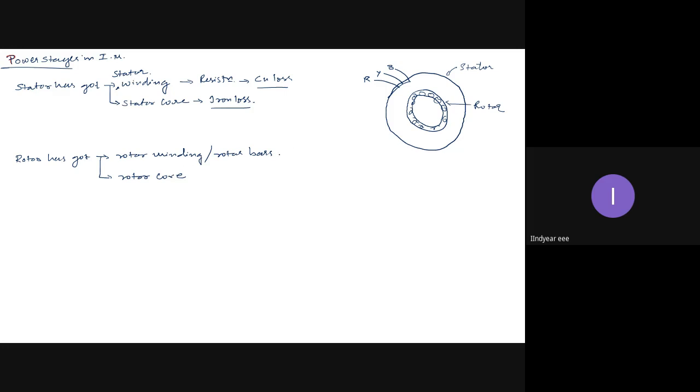Okay. So these rotor bars or rotor winding are having resistance. Therefore, we get copper losses. But here, iron loss are neglected. Rotor iron loss are neglected during running condition.